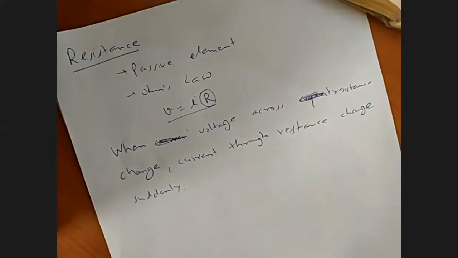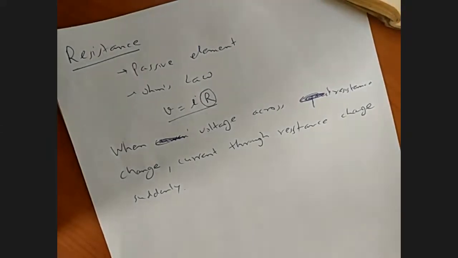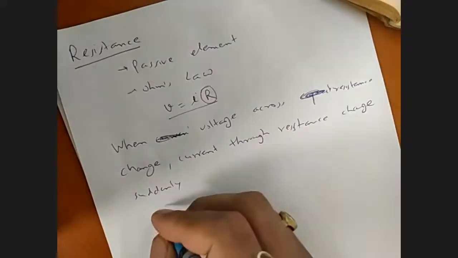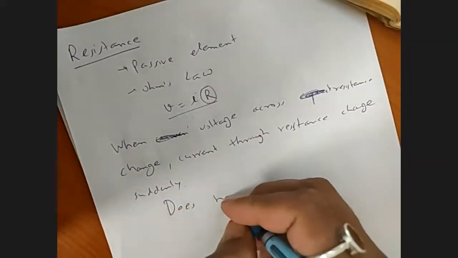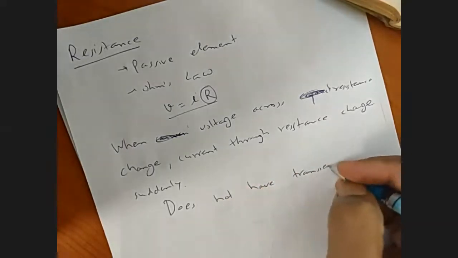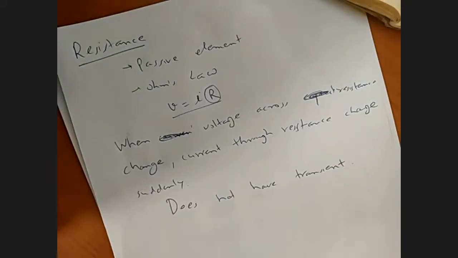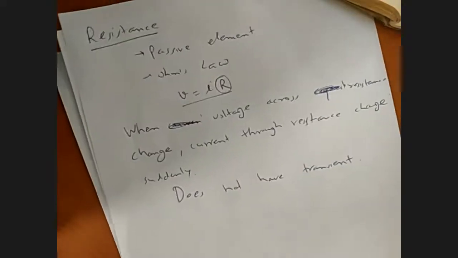So there is a sudden change of current or voltage. There is no gap in the resistance and no transient in the resistance. So resistance is an element which does not have a transient. So in resistance we don't have any transient period.